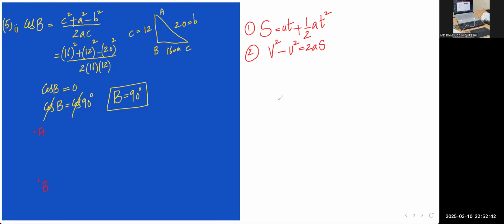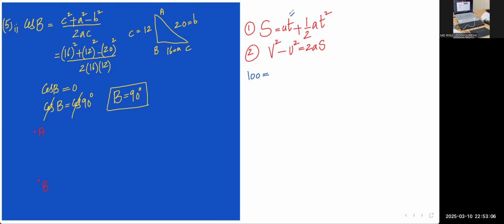So what to do here? See, I will tell you. First of all, if you talk about car A, how much distance is there? S value is 100, which equals initial velocity, for both of the cars it is 0, so this part will be gone.